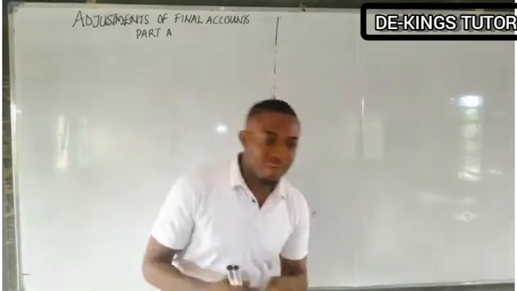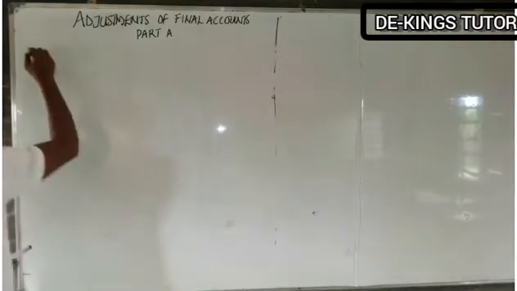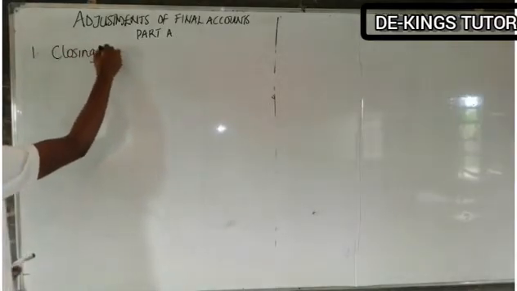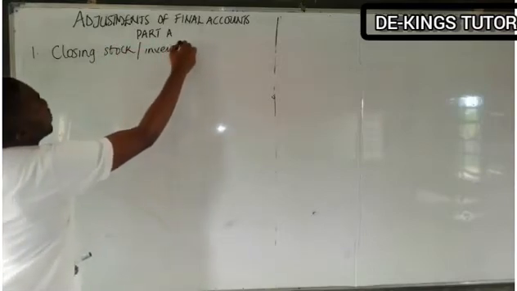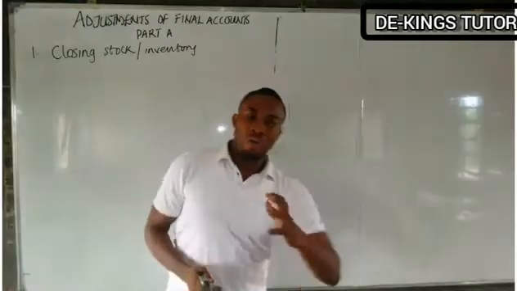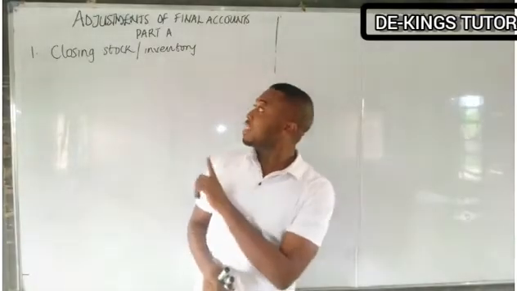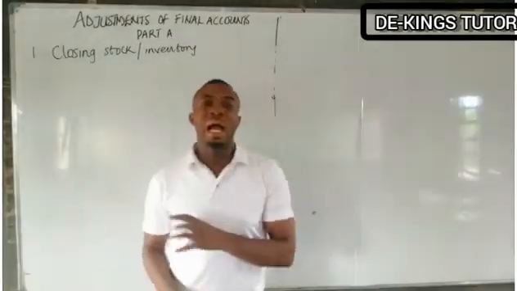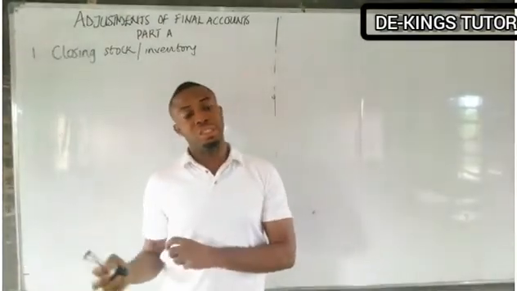So the first item that appears under additional information most time is always the closing stock or inventory. Now before we continue, notice that anything that appears under additional information appears 2 times whenever you're preparing your trading profit or loss and balance sheet.